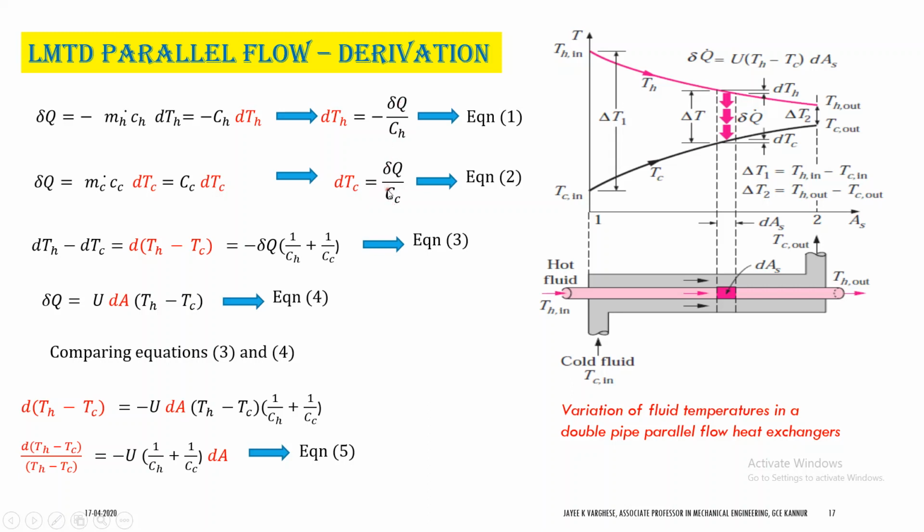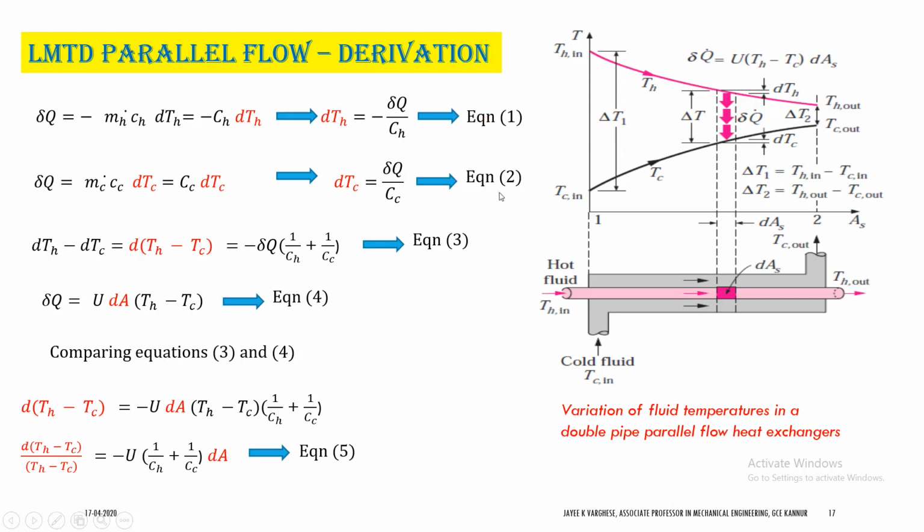Here we did not use a negative sign because dTc is an increment, the temperature increases. Or in other ways, with regard to the cold fluid, delta Q is positive because it receives heat. As per the sign convention in thermodynamics, this is positive. So anyhow, we will write dTh is equal to minus delta Q by Ch and dTc is equal to delta Q by Cc. We can write them as two equations, equation 1 and equation 2.